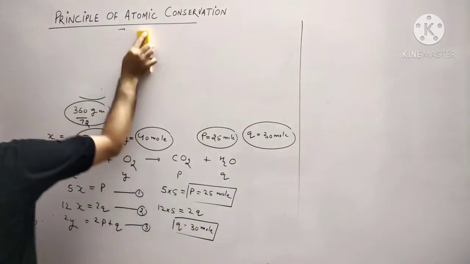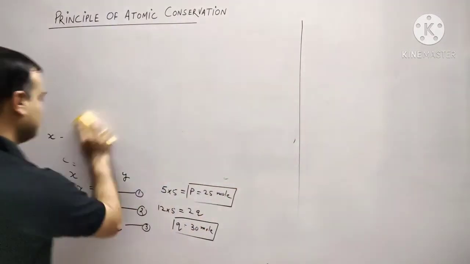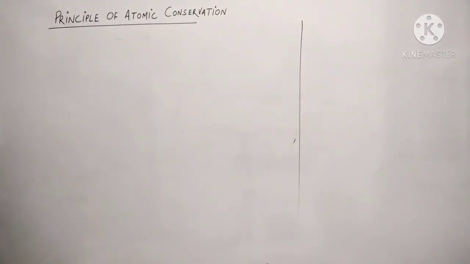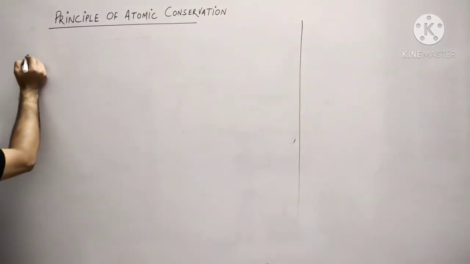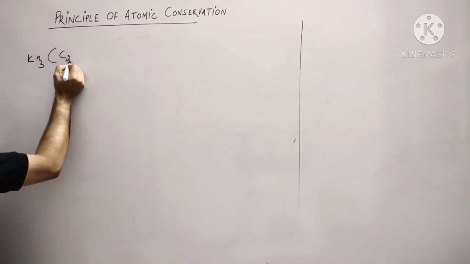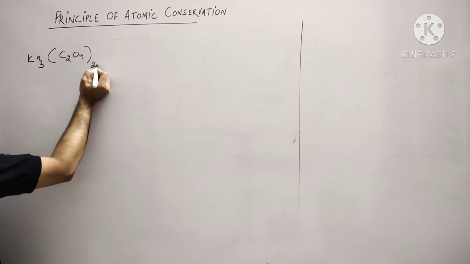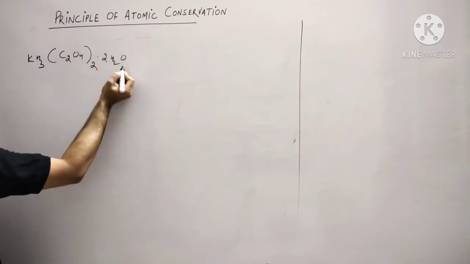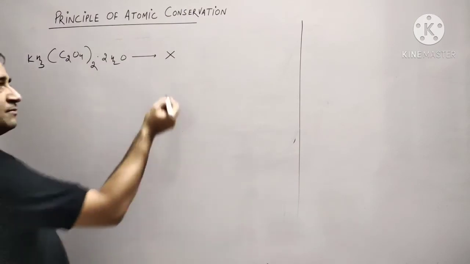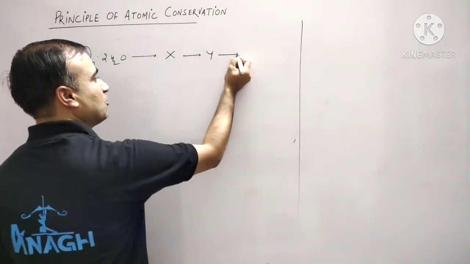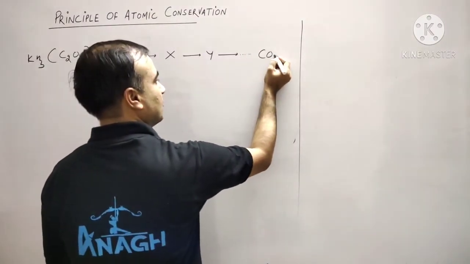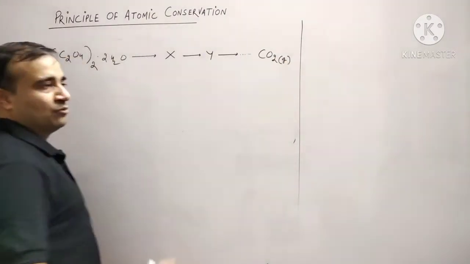Let us discuss one example. This problem can only be solved by using POAC. Suppose it is given to us a hydrated salt. This salt is going to decompose to form X. X is going to decompose into Y, and similarly in multiple steps finally we got CO2.